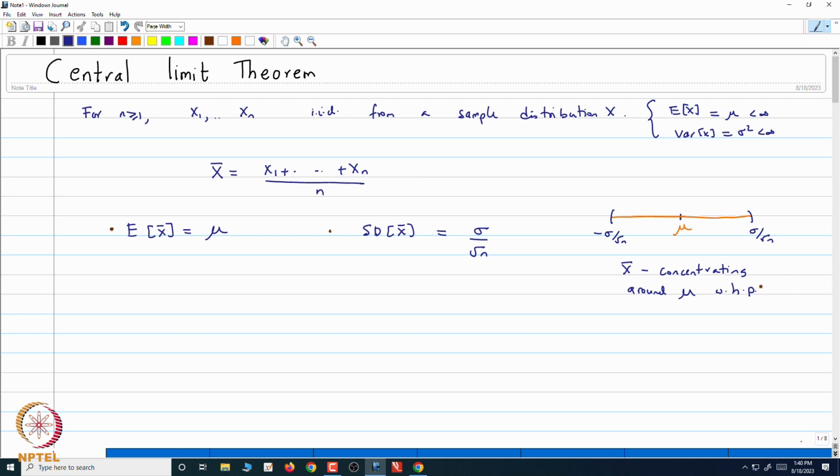Very nice. So, this we have seen before as xn bar goes to mu in probability or with probability 1, the weak law of large numbers or strong law of large numbers. I will write this down, it's like the weak law of large numbers.